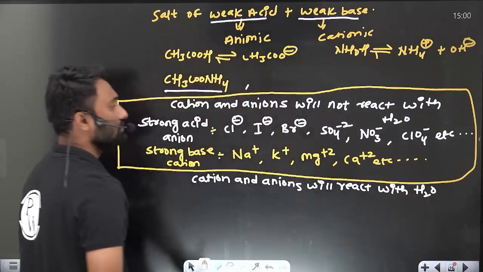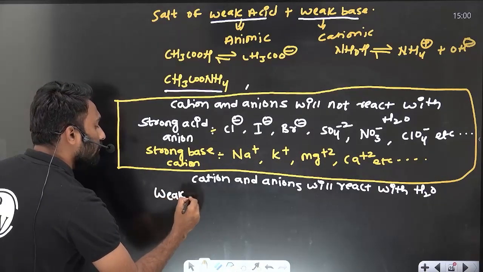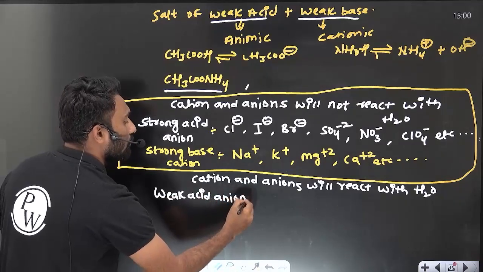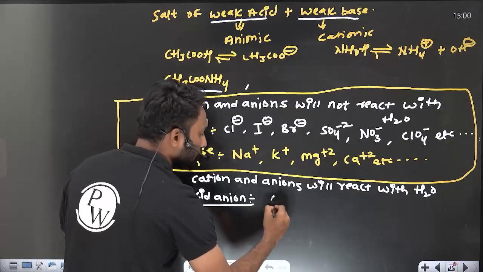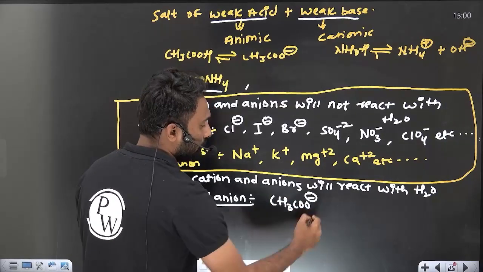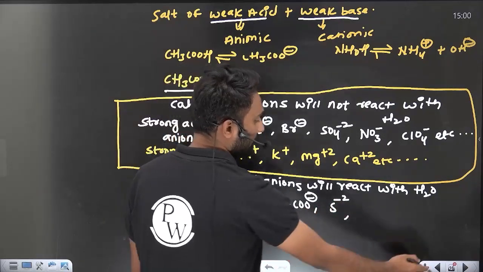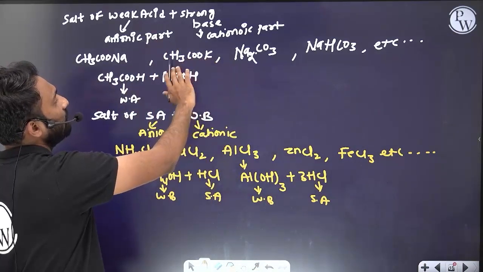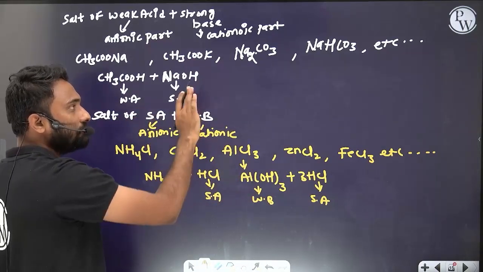Which are the weak acid anions? Acetate ion, S minus 2 ion. Look here: weak acids, you know, their anions will react with water.